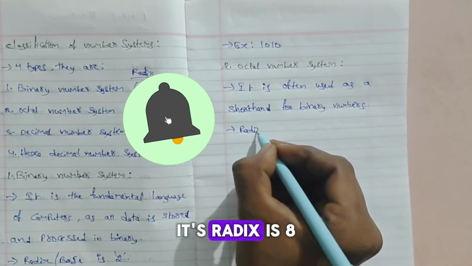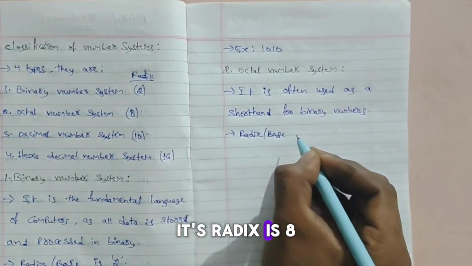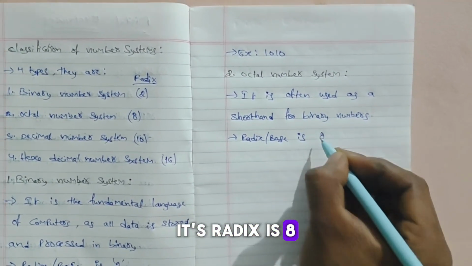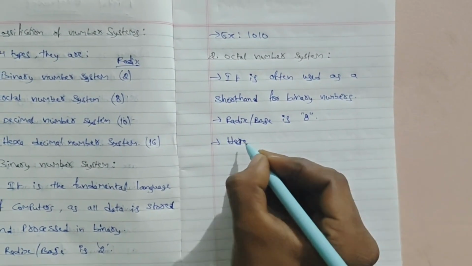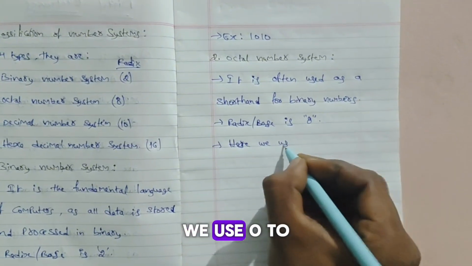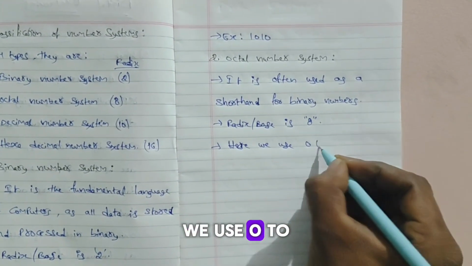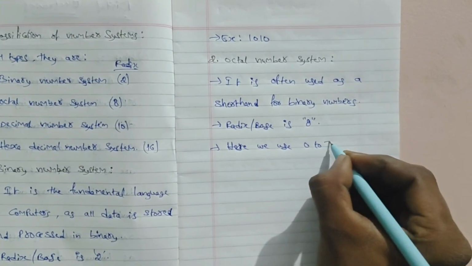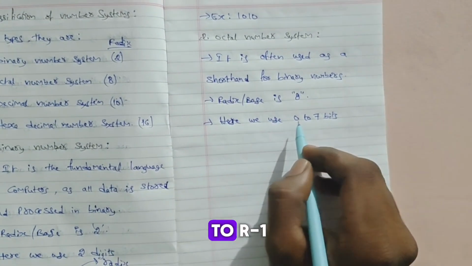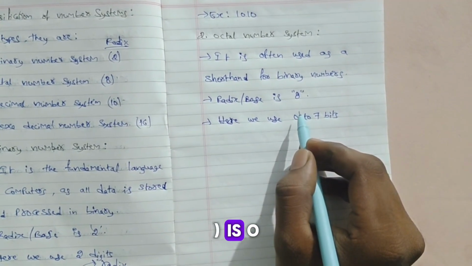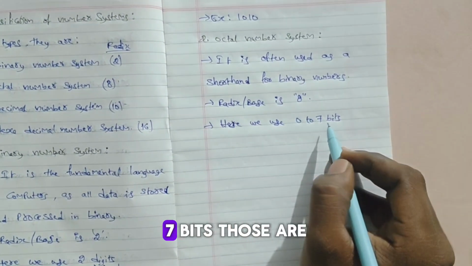Its radix or base is 8. Here we use 0 to 7, because 0 to r minus 1 is 0 to 8 minus 1, so 0 to 7.